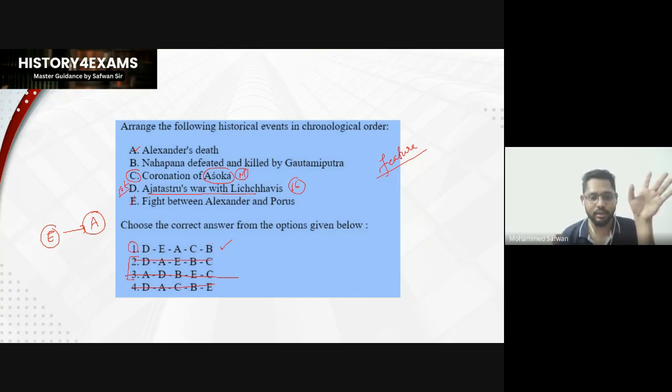That's a simple logic. But if you want to have some idea about this topic, and if you know the story very well, you can simply answer this one. Ashoka is there. Nahapana was defeated and killed by Gautamiputra. Gautamiputra belongs to which dynasty?